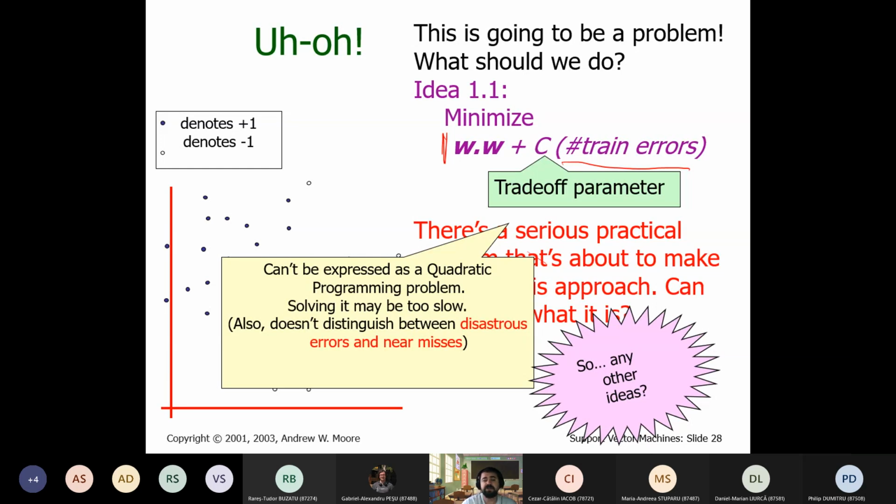So we'll need to change this definition to also consider how large the error of that point is. And how can you define this? You can define it by the distance between the point and the current position of the classifier.